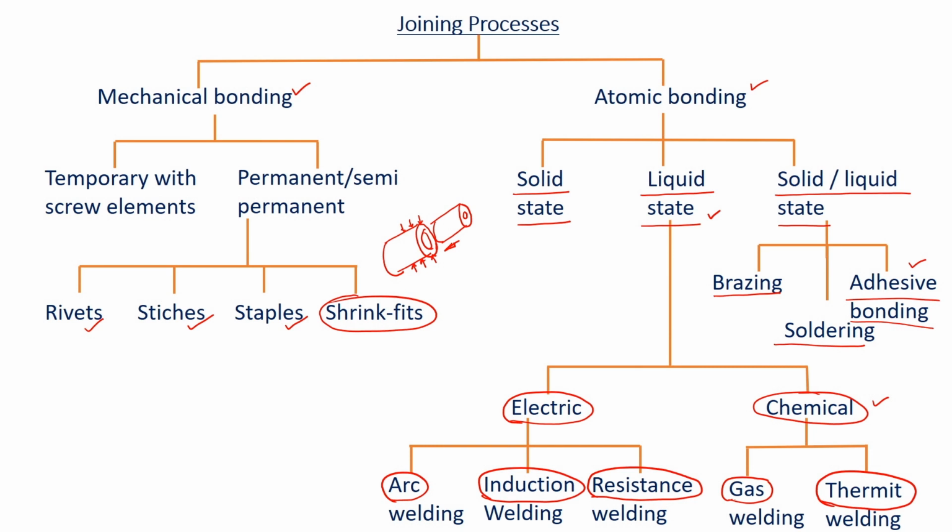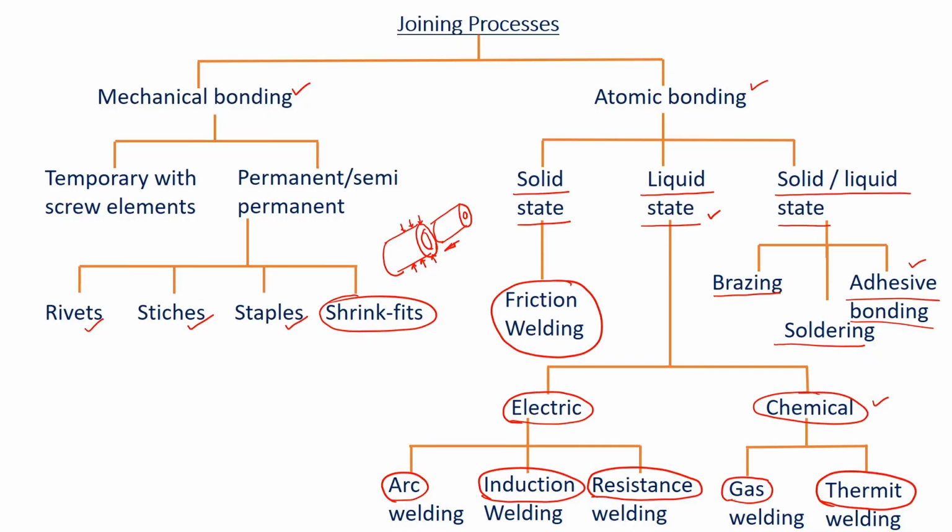The strength of adhesive bonding is not as high as that of the liquid state atomic bonding. In solid state atomic bonding process, we can join two different solid parts by using the friction process. So, we can apply the frictional force in between the two parts and then we can join them together.